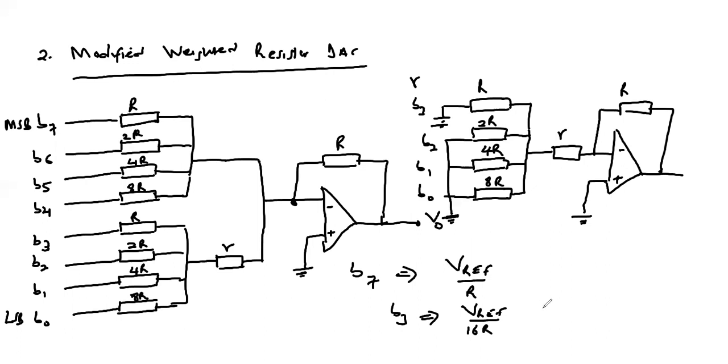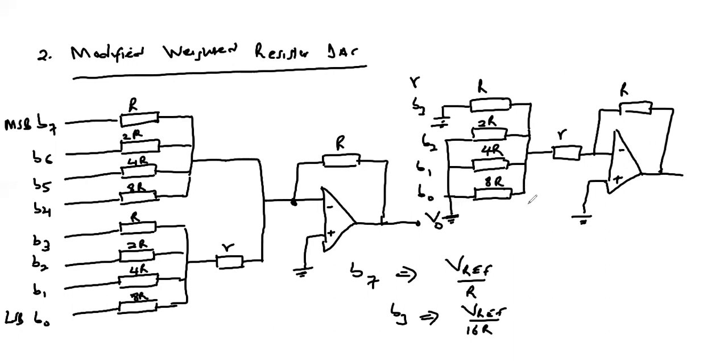And then you can see the ratio between the current due to the most significant bit and bit 3 is 1:1/16.